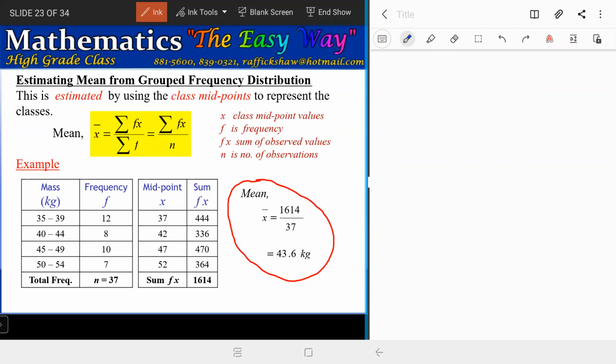And what we did was to just assume all the balls were 37, 42, 47, and 52 in the various groups and used them to find the mass.